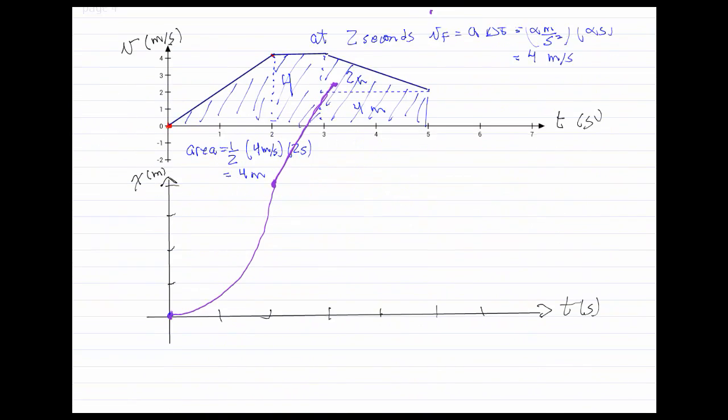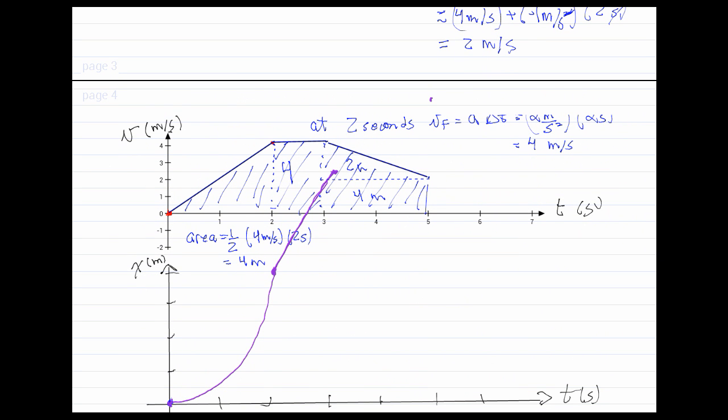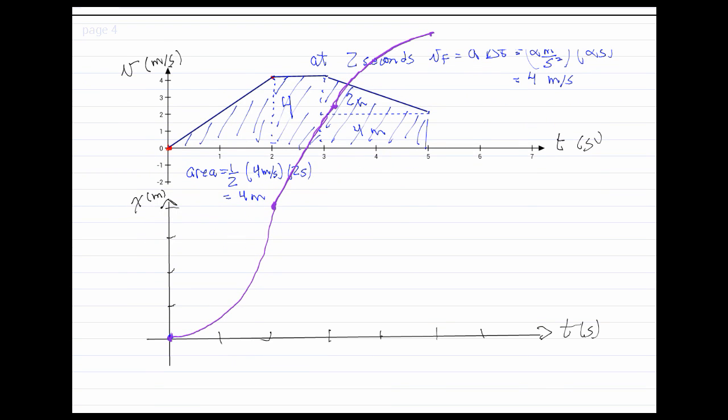So our position versus time curve is not a straight line. It should be a parabola, and it's a different shape than the other one we drew. The velocity is getting smaller, so it's concave down instead of concave up like it was in our first 2 seconds over here. Okay, I'm sorry about that position versus time graph, but hopefully this helps, and good luck.